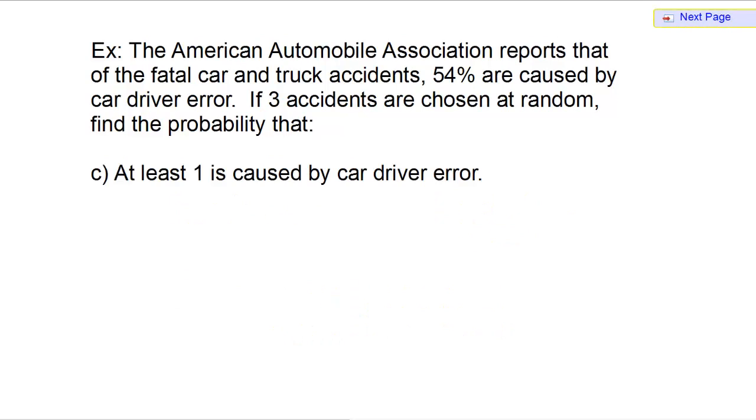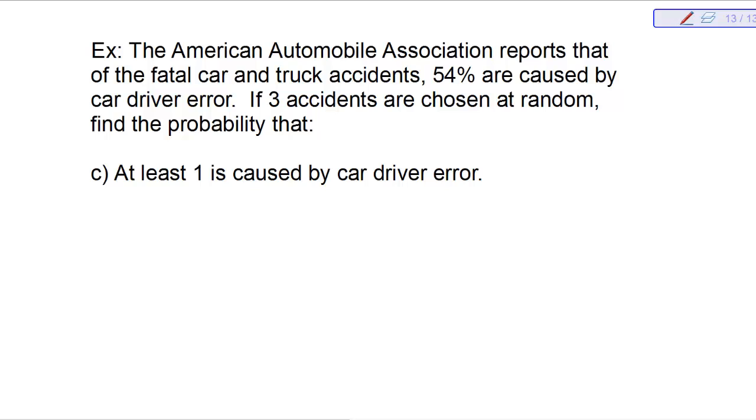Now we want to look at least one is caused by driver error. So at least one. At least one means that it can be one accident, or it can be two accidents, or it can be three accidents that are caused by driver error.